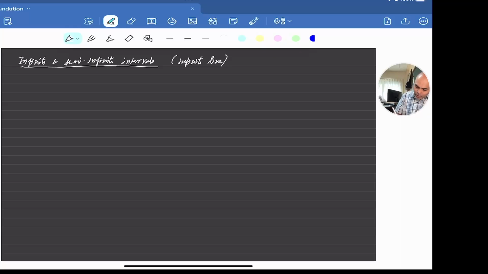The first case is the entire real number line is an open interval between minus infinity and positive infinity. We will normally not put a plus sign, and you can also write it as a set: minus infinity less than x less than infinity.